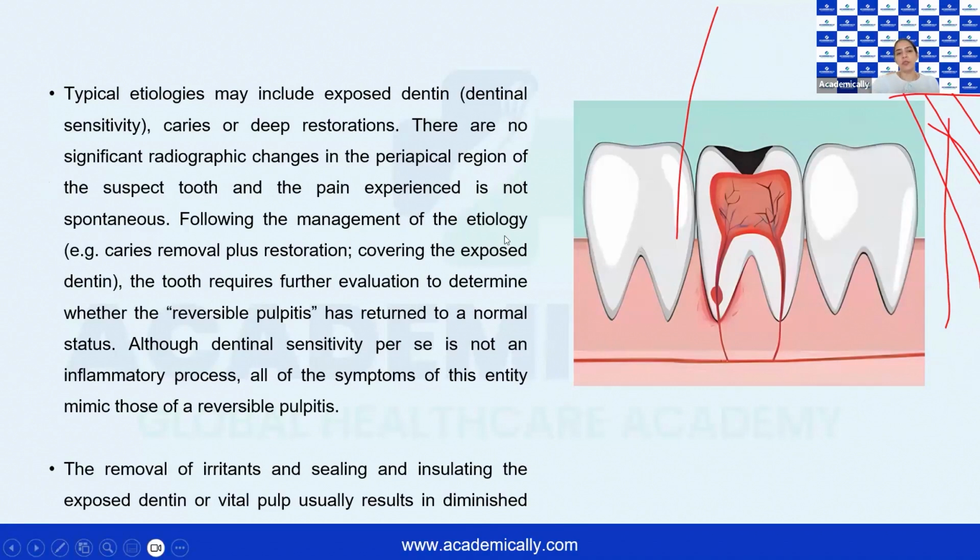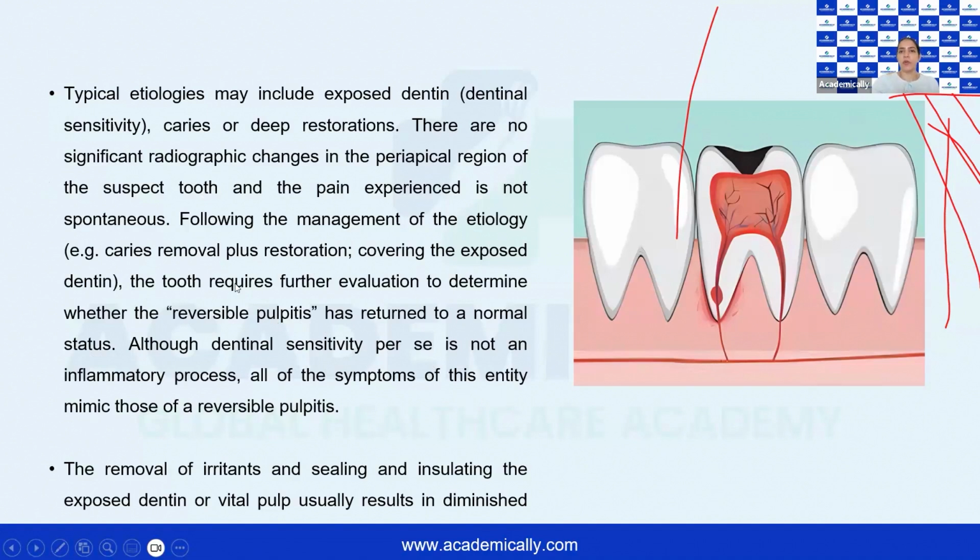Following the management of the etiology, for example caries removal plus restoration, covering the exposed dentine, the tooth requires further evaluation to determine whether the reversible pulpitis has returned to normal status. Although dentinal sensitivity per se is not an inflammatory process, all of the symptoms of this entity mimic those of reversible pulpitis.